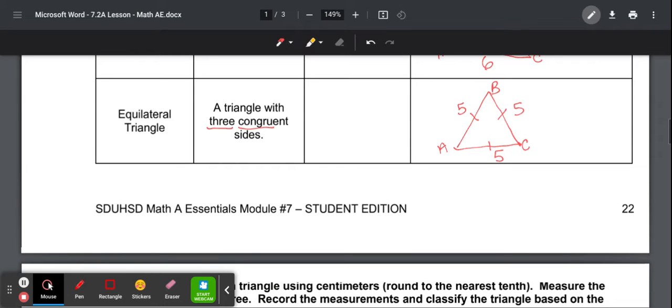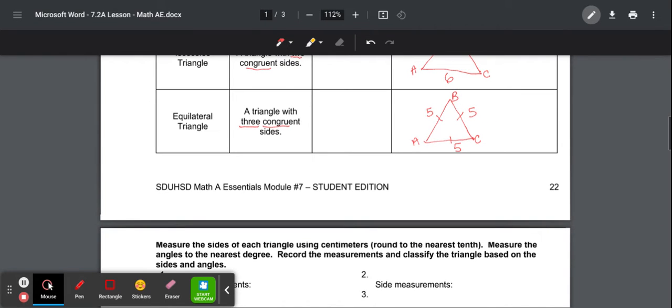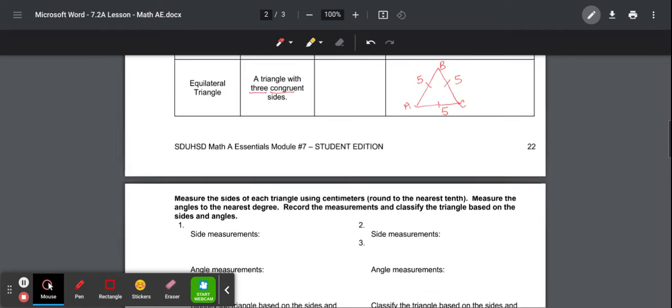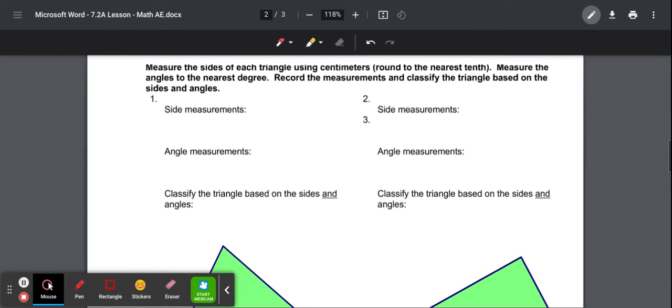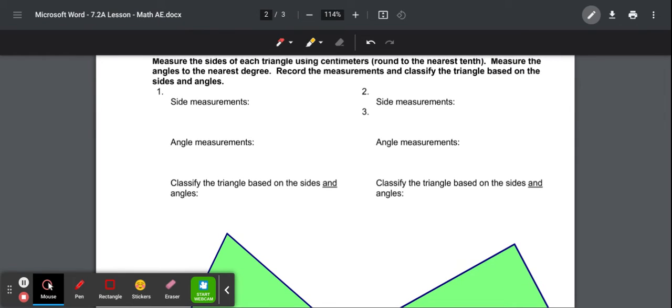For pages 23 to 24, you're going to measure the sides and the angles and then classify the triangle. You're going to take a protractor and measure the angles.